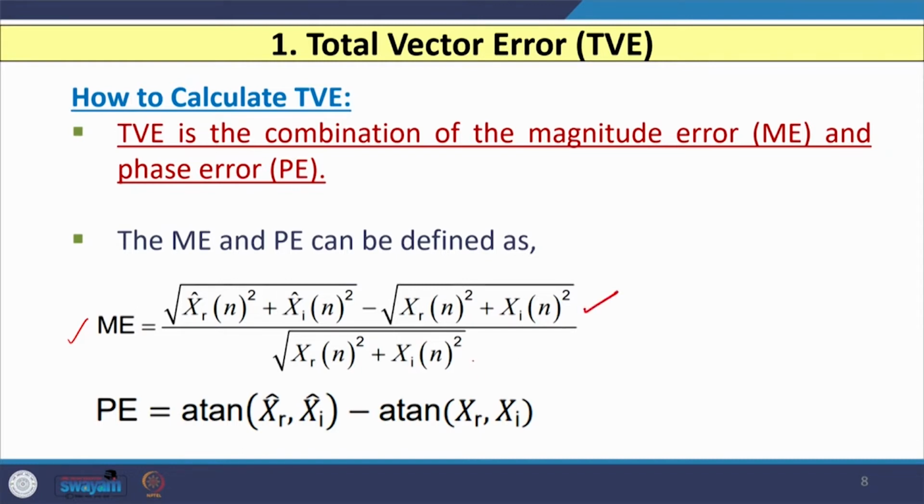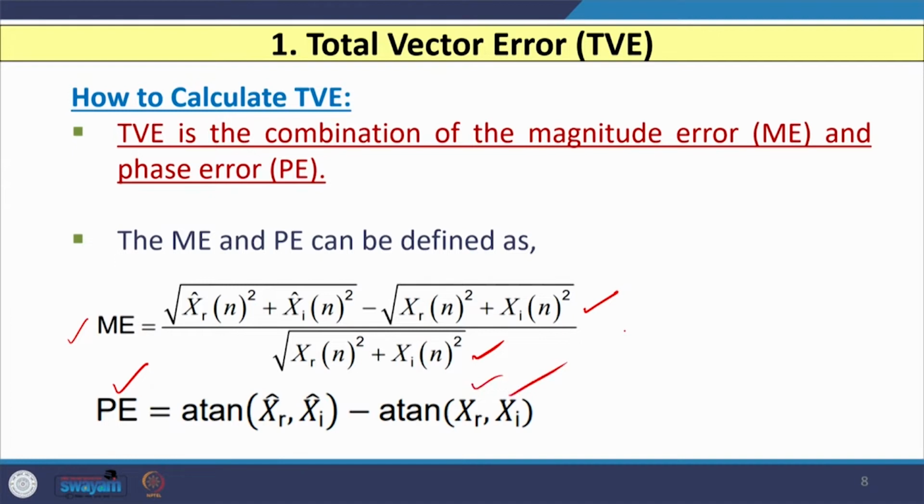The same term you have here, and the error in phase part, that is phase error PE, is given by the arc tangent of xr hat and xi hat minus arc tangent of xr and xi.